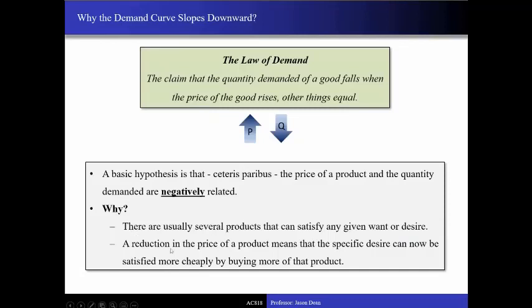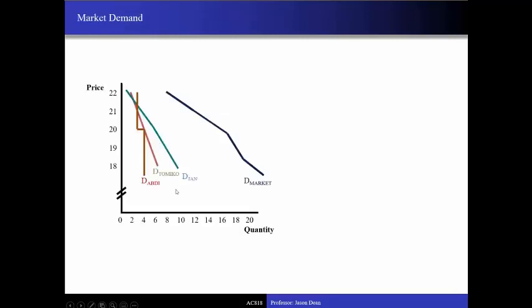So if the price of a good goes up, it's becoming more expensive, and it's maybe making the other products look more attractive. A reduction in the price of a product means that the specific desire can now be satisfied more cheaply by buying more of that product. So the law of demand is just stating that there's an inverse relationship between price and quantity demanded.